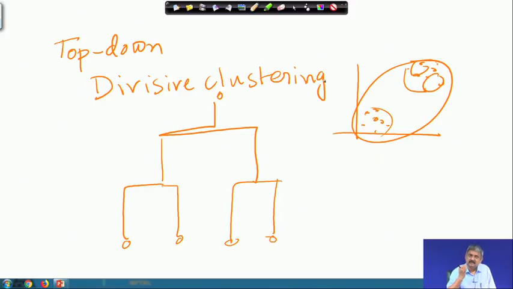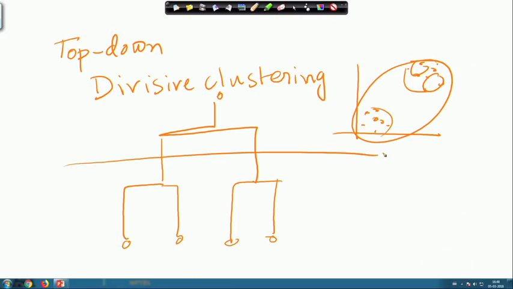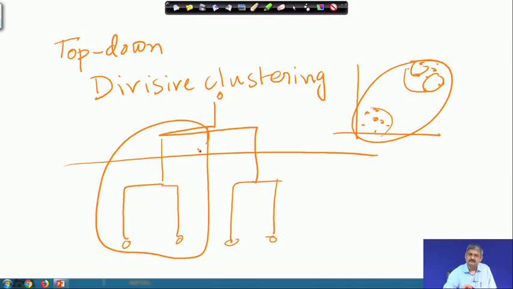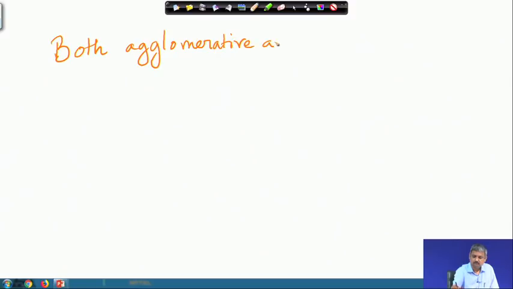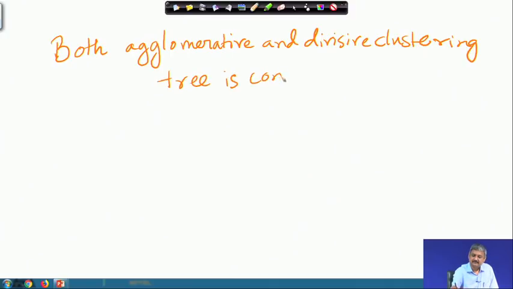Both ways you can construct. And how do you get the actual clusters from this? You cut this tree at a certain level and say everybody in the left of the tree is one cluster, in the right of the tree is another. You can do that in both agglomerative and divisive clustering. In both, a tree is constructed, either bottom up or top down.